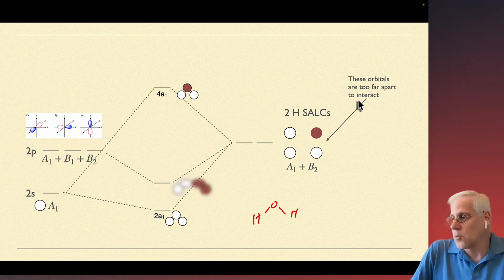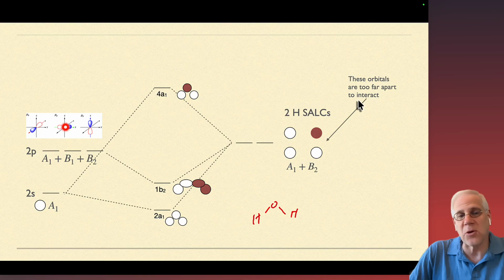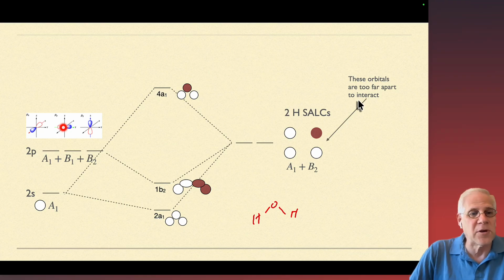If we look at the next one, we see our other SALC is a B2 symmetry, and that's the one that has these two different phases. And that can interact with one of the p orbitals, and it's actually going to interact with the py or the px. We'll say the py because it lines up really well with what we did earlier.